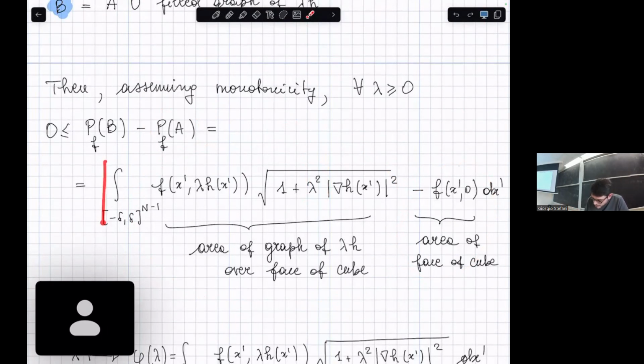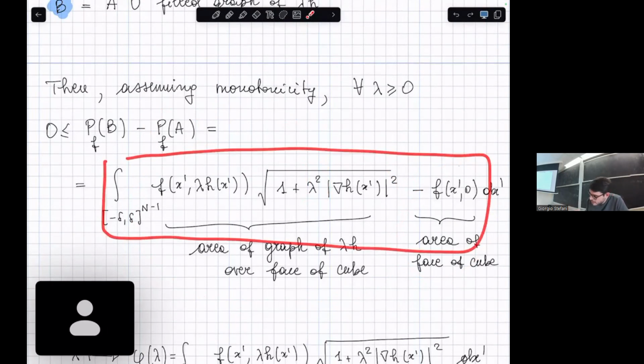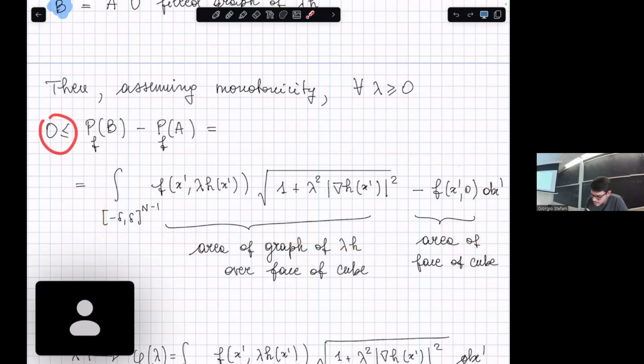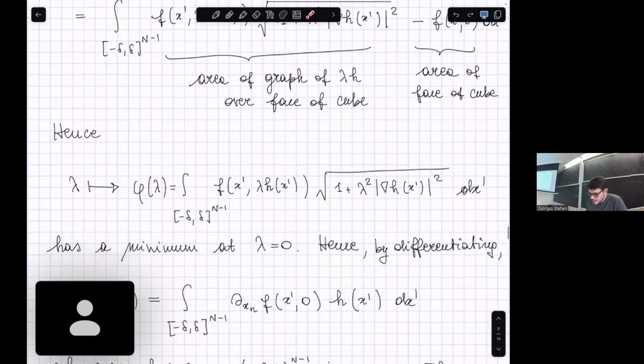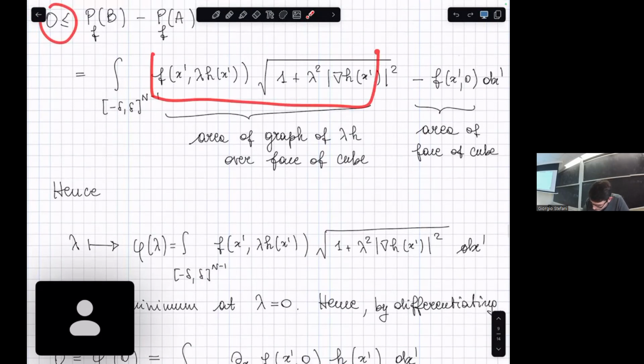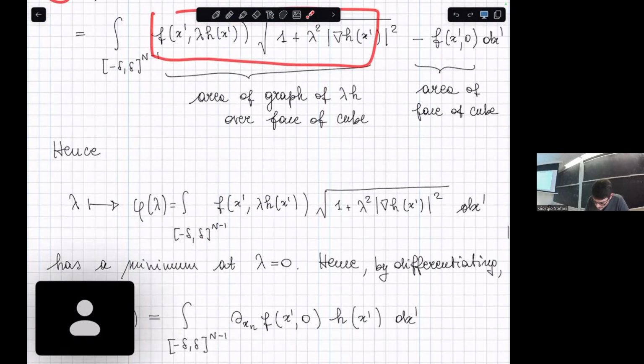Now this thing here is a function of lambda and is always non-negative. So if you consider that thing here, which I call phi, this function depends on lambda. Of course, I am integrating over the facet, so the cube was of size delta, and this is something which is n-1 dimensional.